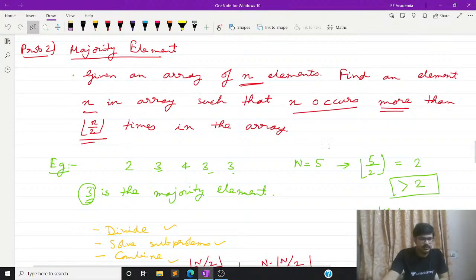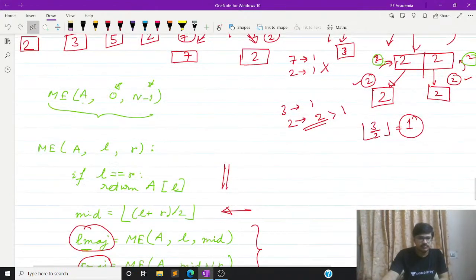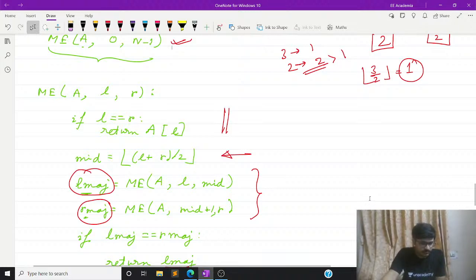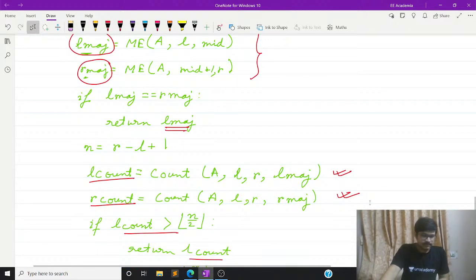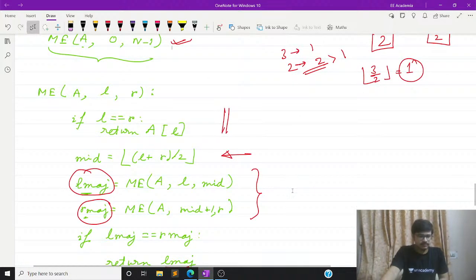Just tell me if the idea here is clear, what I saw. And this is the initial recursive call. If you have any doubt, you can tell me now. Any doubt, guys? Okay, so no doubts.